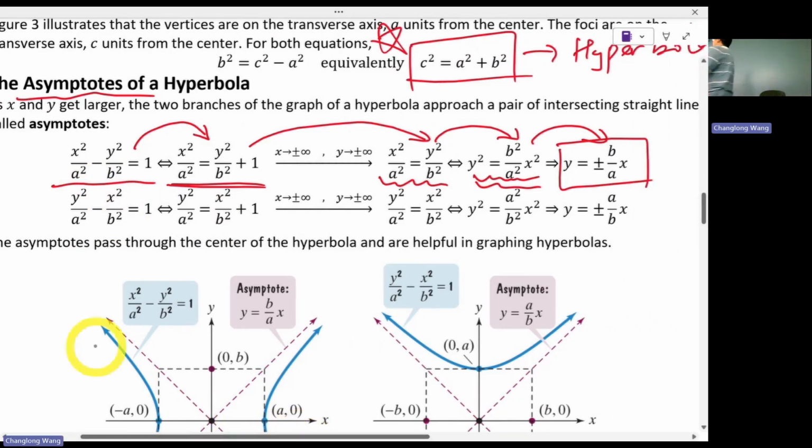So I'm going to quickly go through the same logic again, and you guys think aloud together with me. Starting from the standard form of the vertically opening hyperbola, throwing the term x squared over b squared to the other side, and that's called separating the x and y. Then you're going to claim that x and y are big.